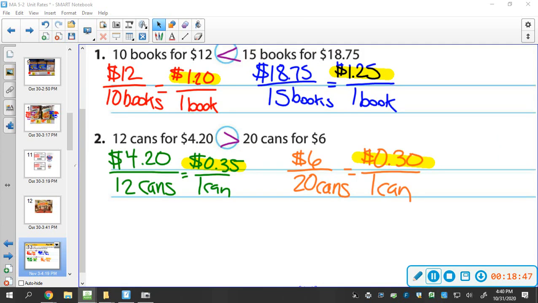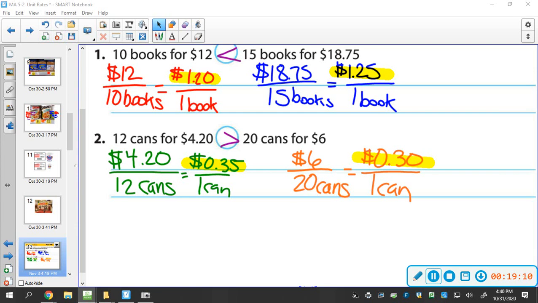When you look at number 1, it was 10 books for $12, and make sure you're always putting money on the top. There might be a few chances where the money's going to be on the bottom, but I would say 99% of the time when you're doing problems, the money will always be on the top because we're always trying to find price per item.